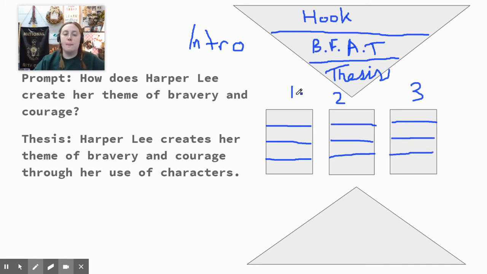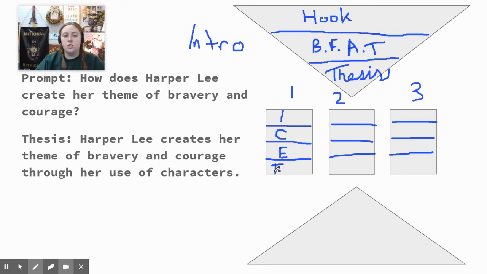So remember your body paragraphs, you will have your I statement, which is where you introduce your main point, your C statement, where you cite your evidence, your E statement, which is where you explain your evidence back to your thesis, and then where you transition.